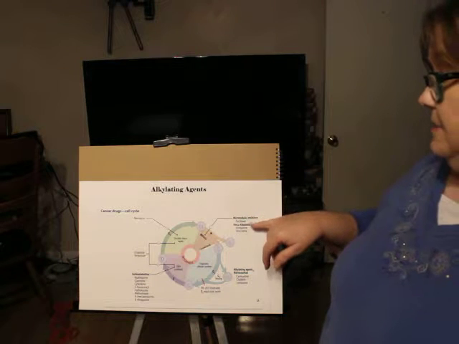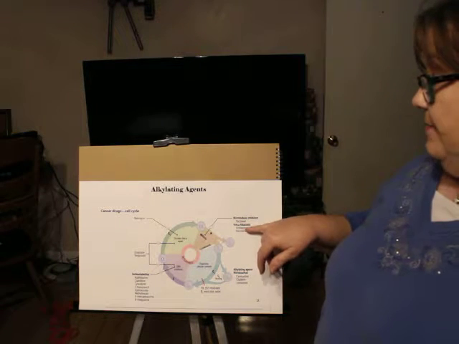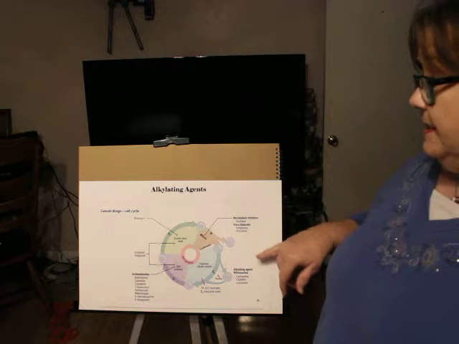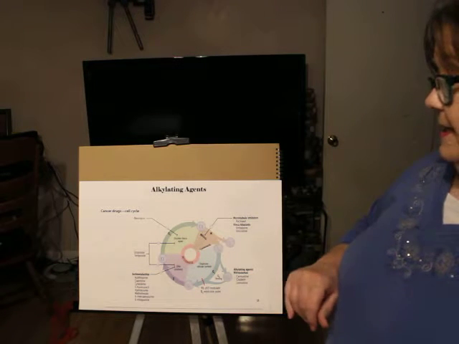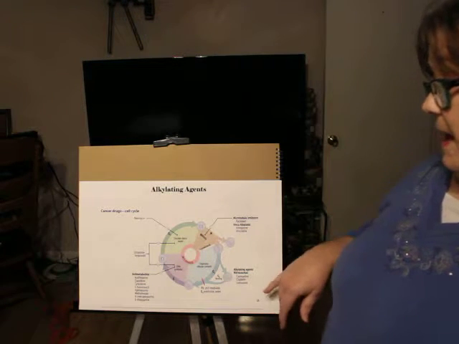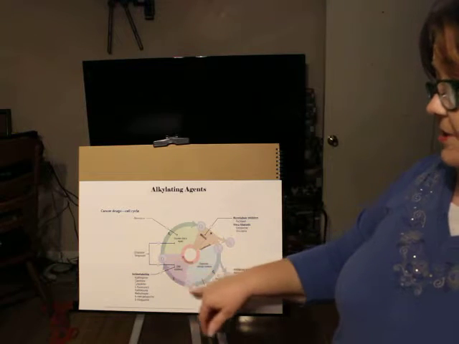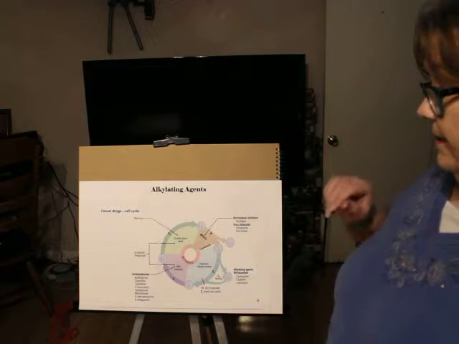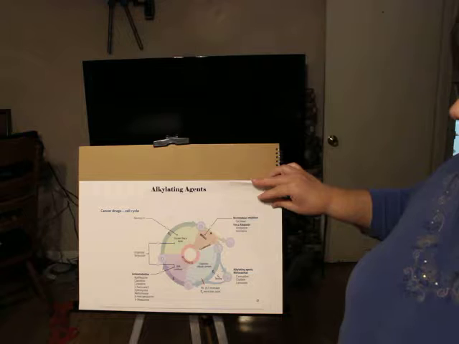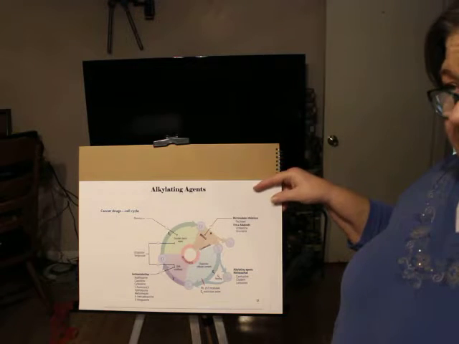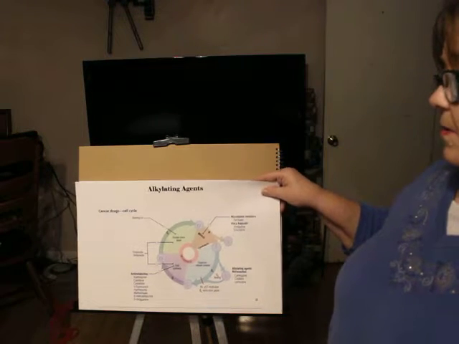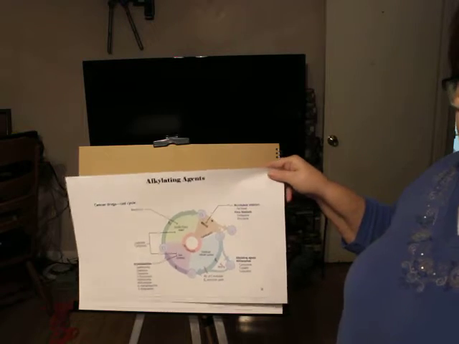Microtubule inhibitors like paclitaxel, vinblastine, and vincristine work in the M phase. As you can see, different drugs work in different areas, and you should really teach also what phase your drug works in.